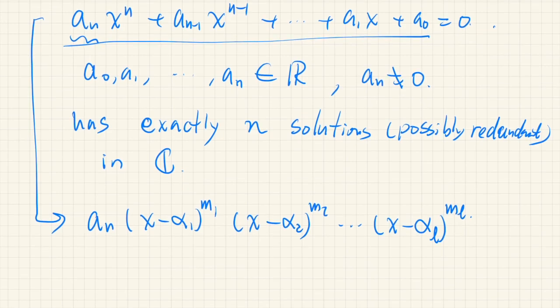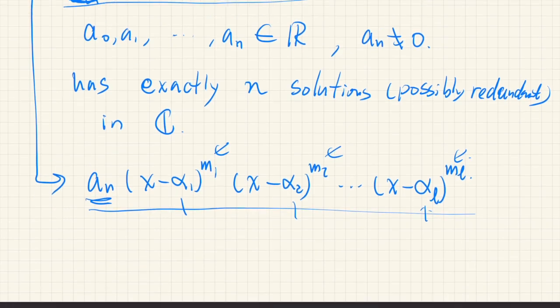So we can always factorize in this form, and this a_n is the same as this a_n, and alpha_1, alpha_2, alpha_l, these values are complex constants, and m_1, m_2, and so on, they are positive integers or natural numbers.